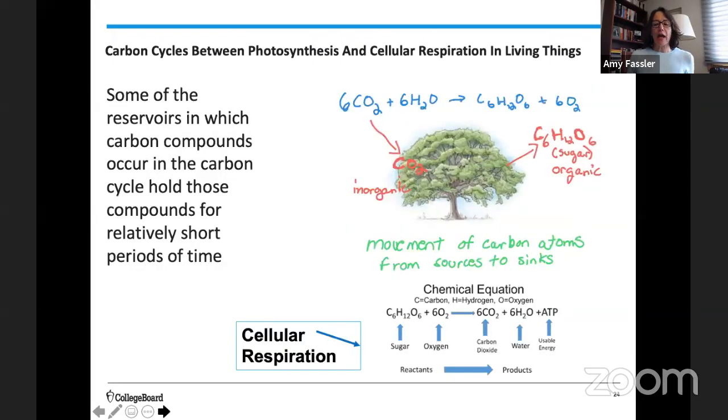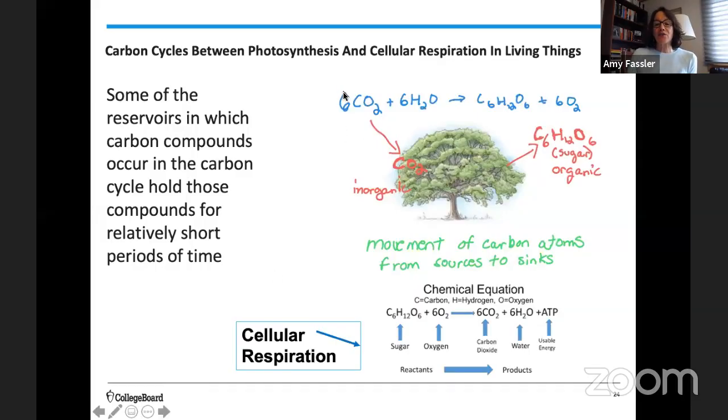Well, let's take a look at the processes that hold carbon in the carbon cycle for relatively short periods of time. And this is where we're really making the connection between what you did yesterday with energy transfer and what we're doing today with matter recycling.